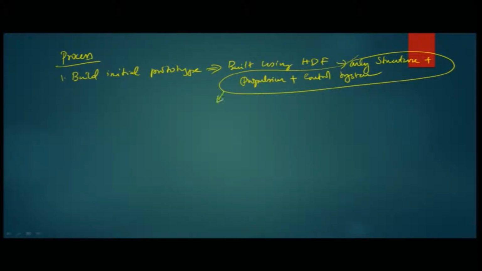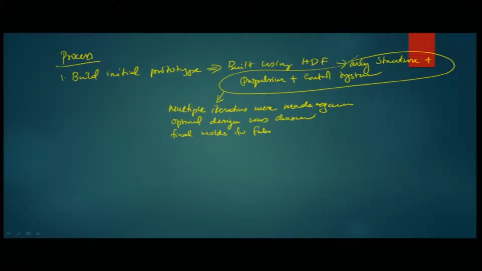So multiple iterations conducted. Iterations were made again. Okay. Optimal design was chosen. Final molds for fabrication approved.